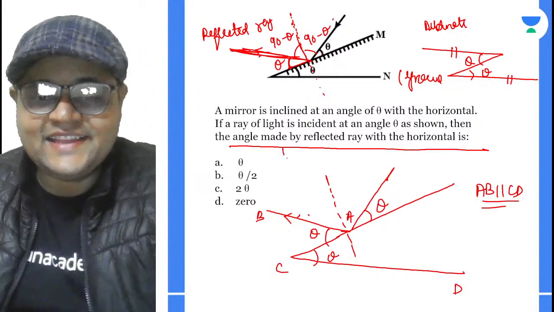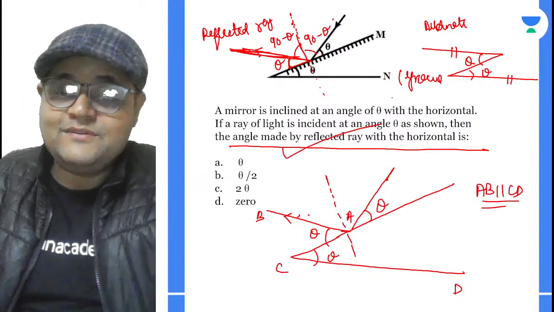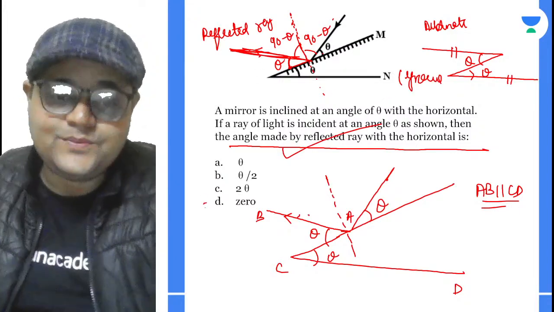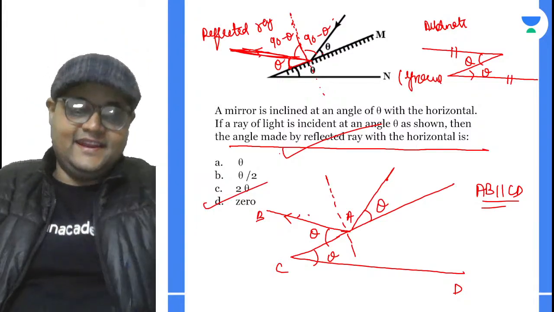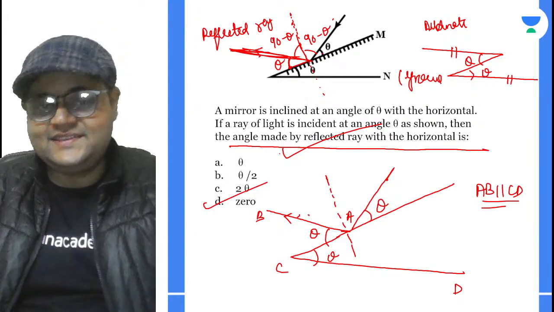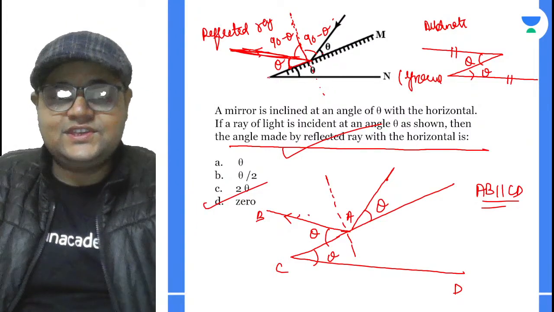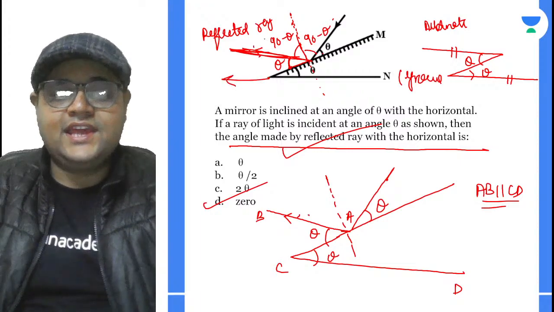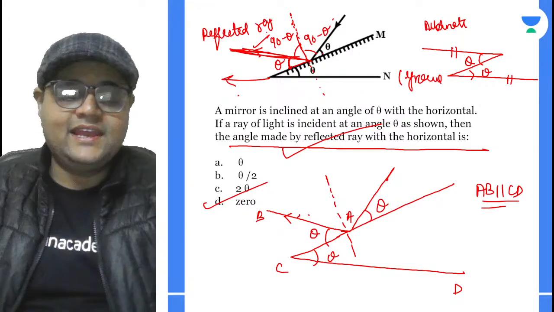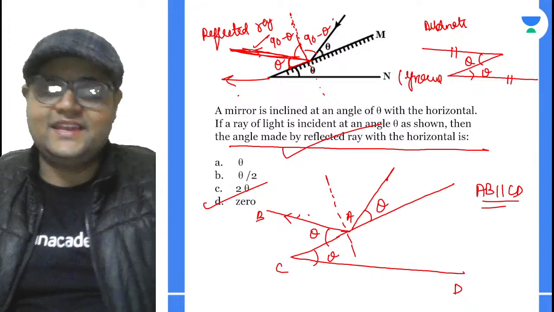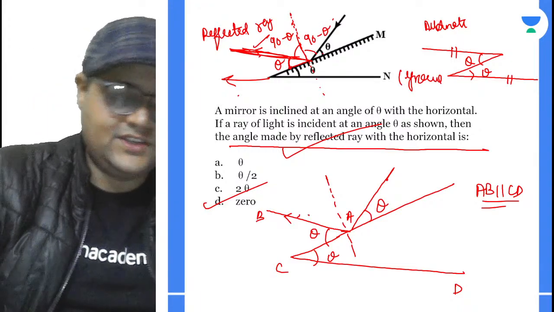They are asking for the angle the reflected ray makes with the horizontal, so it has to be 0 degrees. This is horizontal and this ray is parallel to the horizontal, so the angle it makes is obviously 0 degrees. I hope you have understood, all of you.